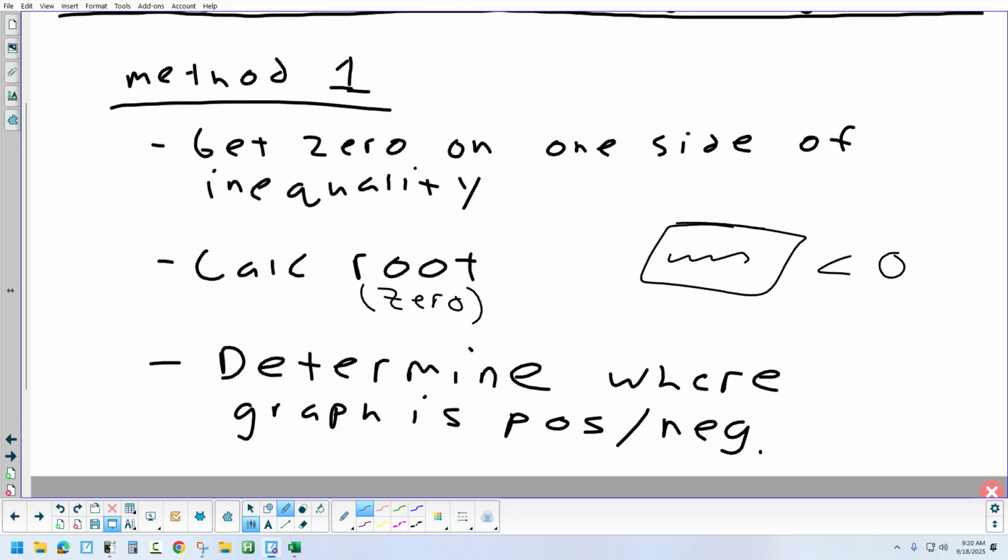Once we type this in on the calculator, and we figure out where it crosses the x-axis, in this problem, the answer would be everything less than that number. If you had a greater than, then it would be everything that's positive, everything that's above that number.